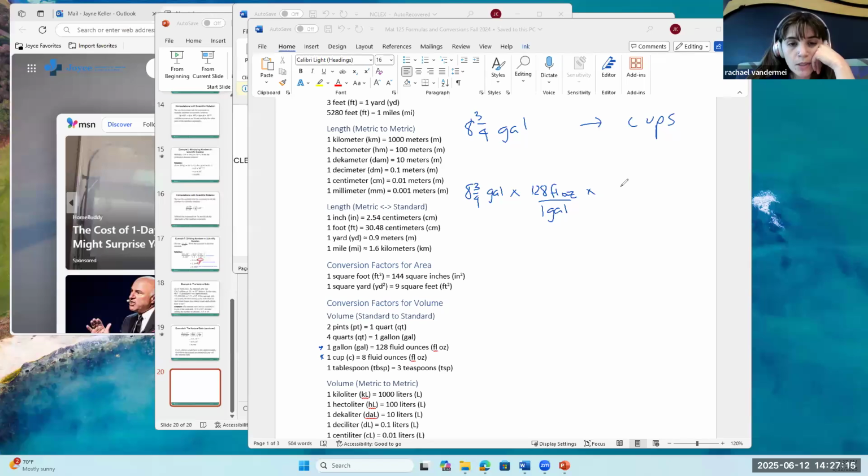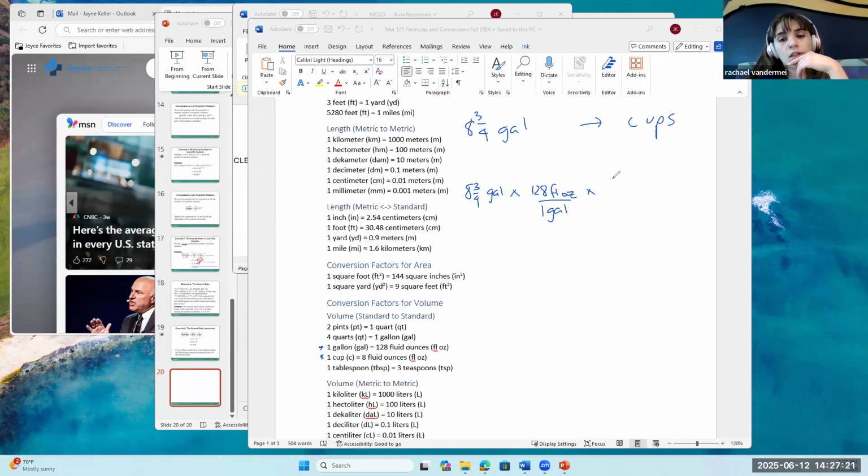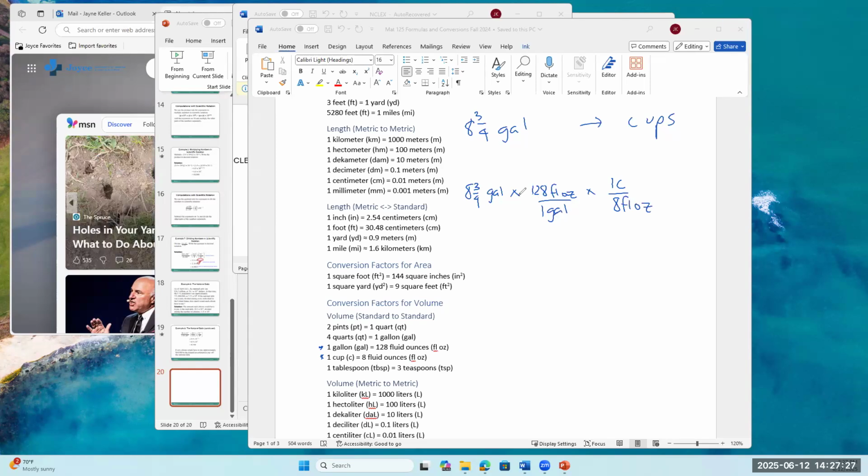And then times 1 cup over 8 fluid ounces. Looks good. Gallons cancel. Fluid ounces cancel. So I have 8 and 3/4 times 128 divided by 8, something like that, right?